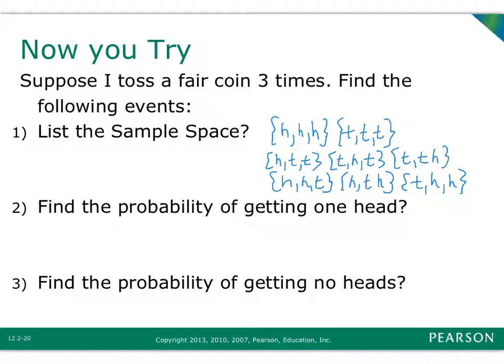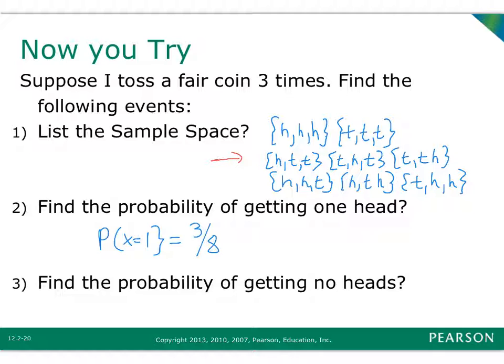Now it says find the probability that we get 1 head. X is the number of heads, and so the probability of getting 1 head is equal to 3 divided by 8. Well, how's that possible? Well, there are 3 outcomes that have just 1 head.